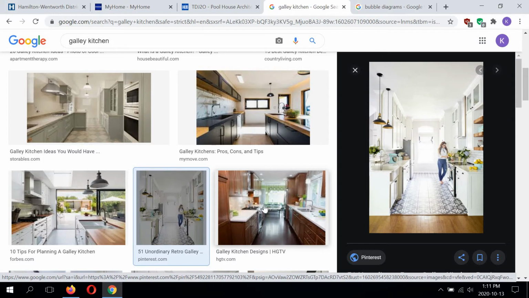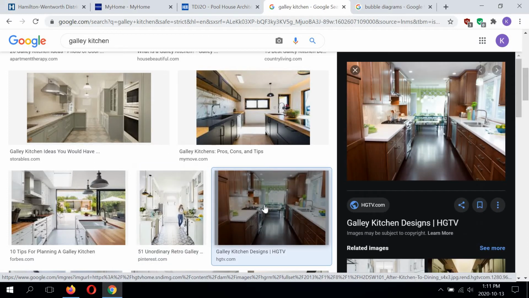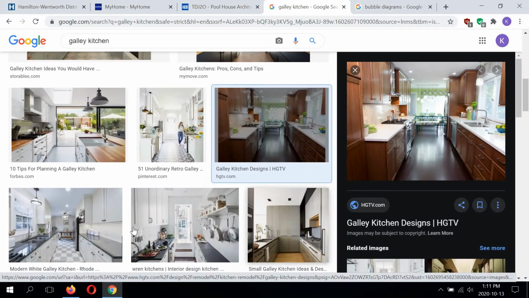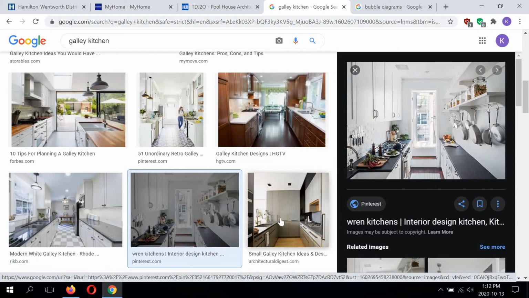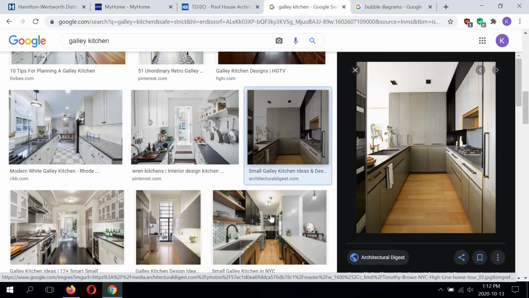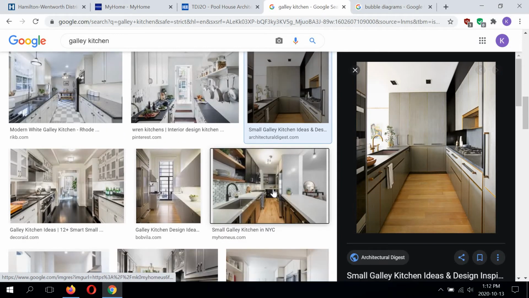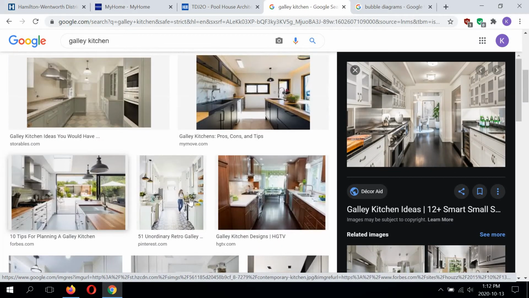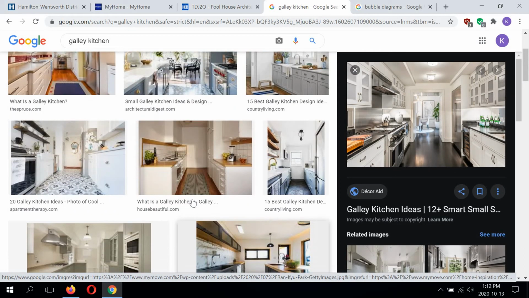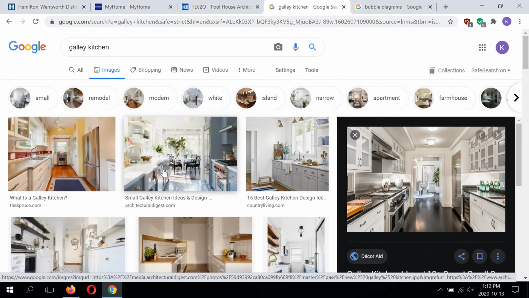Some walkways are wider than others, which is okay, and some can be quite narrow. But you're going to find that there is a common theme. All very similar, but a little bit different. So I think you get the point on what a galley kitchen is.